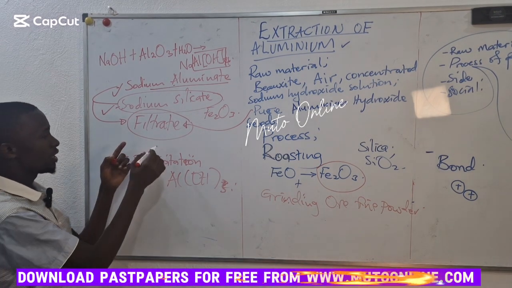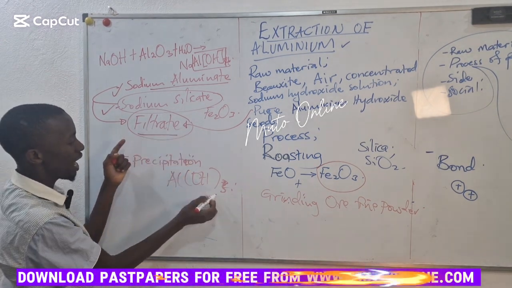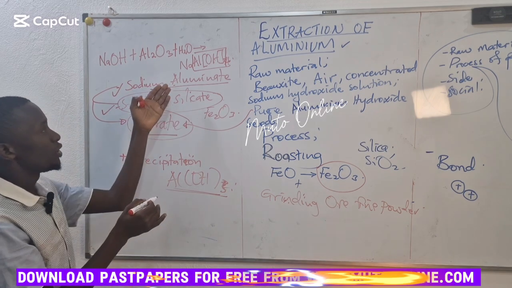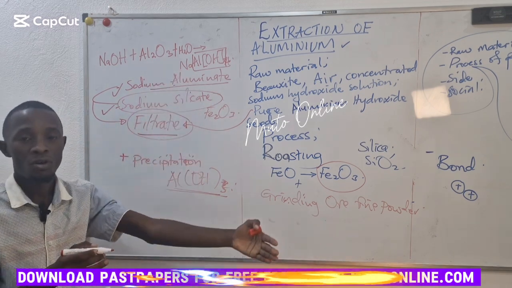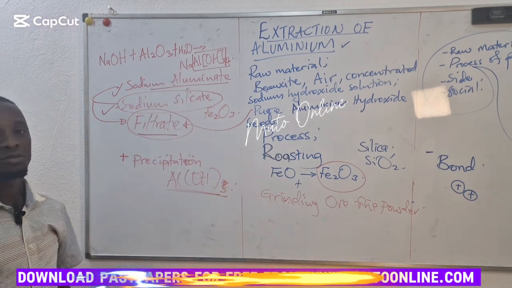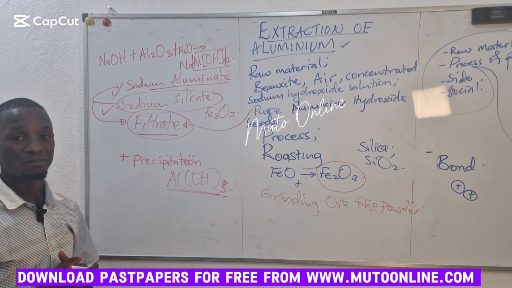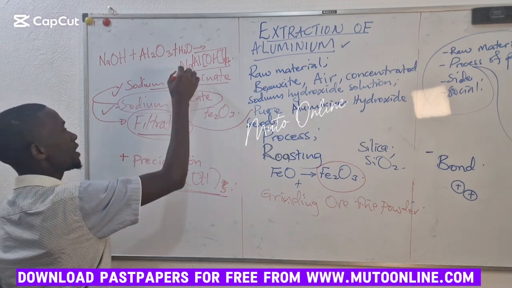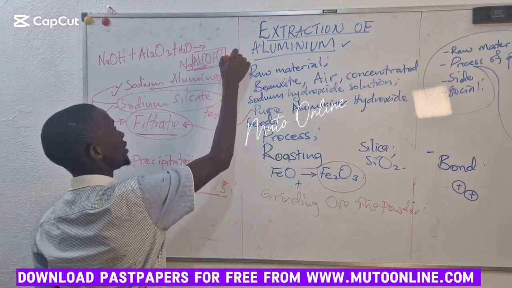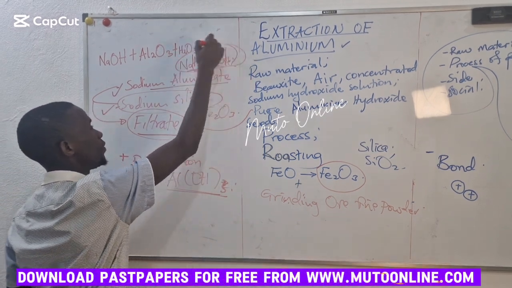So the few seeds of aluminium hydroxide we add will call upon precipitation of more aluminium hydroxide crystals forming on them until all the aluminium is precipitated out.